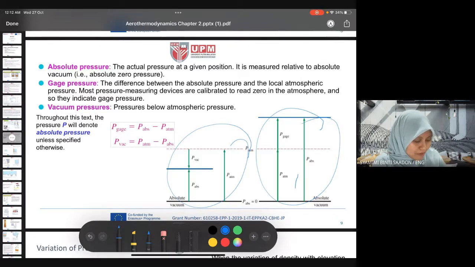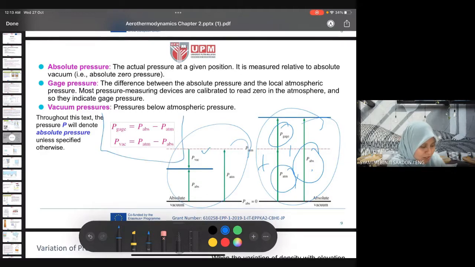If we are given the gauge pressure, we can resolve the absolute pressure by adding the atmospheric pressure. Vacuum pressure is pressure below atmospheric pressure. So these are the equations.